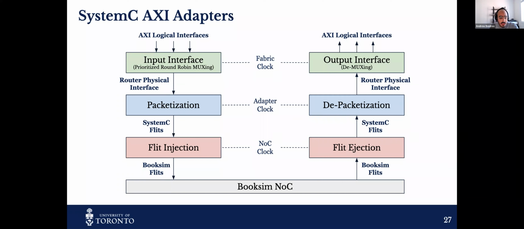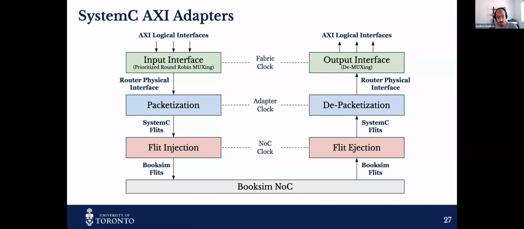And what the NoC adapter really does is that it interfaces with single or multiple AXI logical interfaces. So you might think of different AXI modules trying to hook up to the same router. This goes through a layer of abstraction and muxing, then whatever transaction is selected gets packetized and then injected into the NoC.